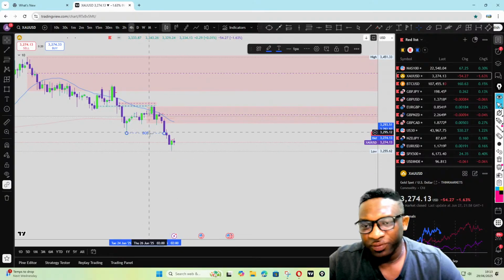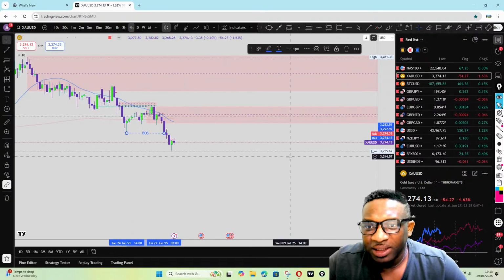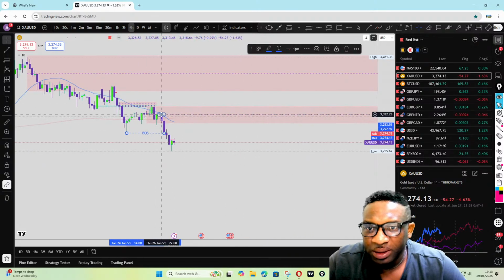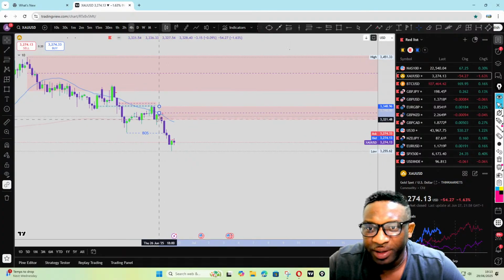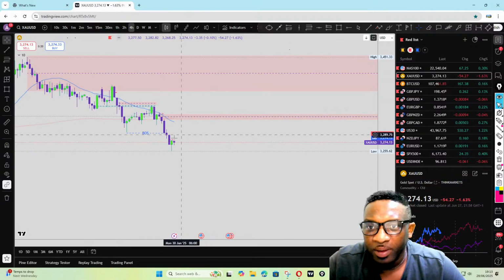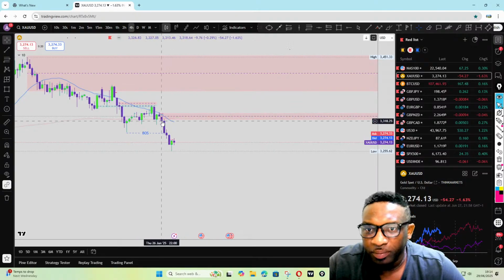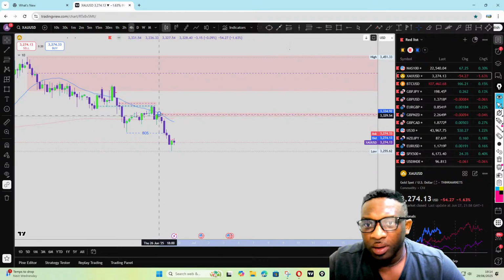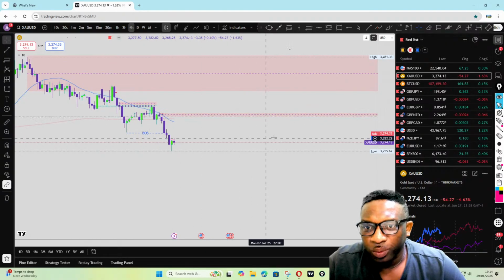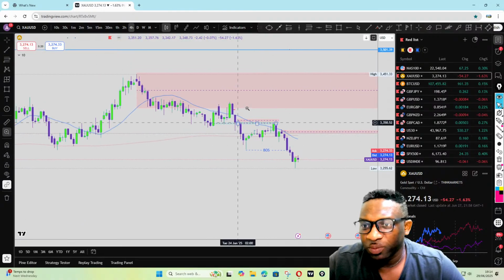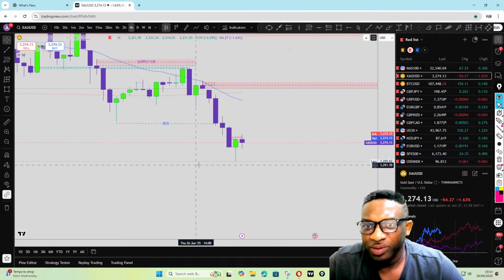We have this break of structure here, and the origin we will say is from this small candle here. So we're trying to refine it. Okay, I hope you can see it. Let me enlarge it a little bit so that we can identify what I'm trying to do.